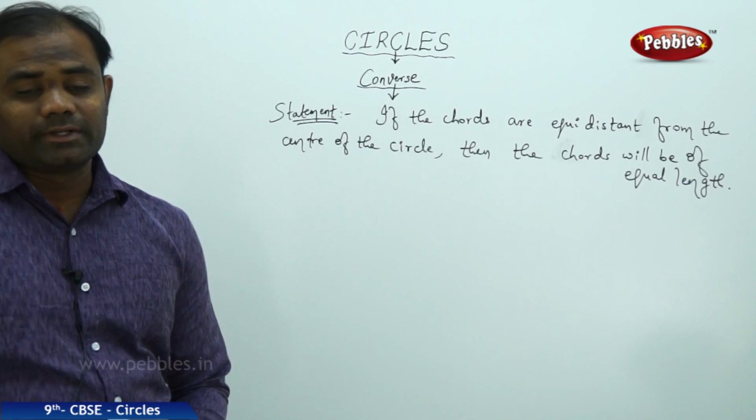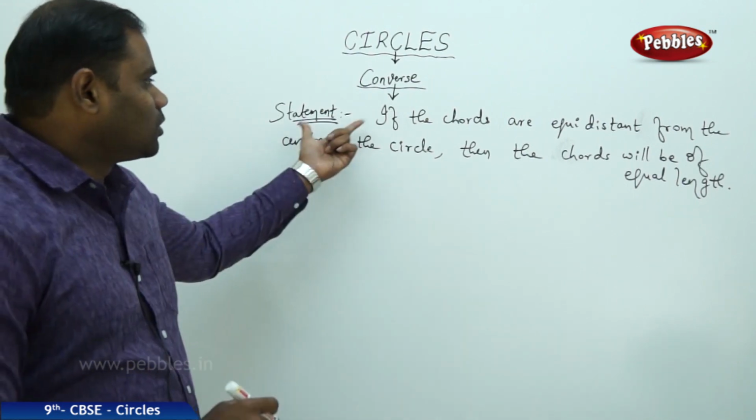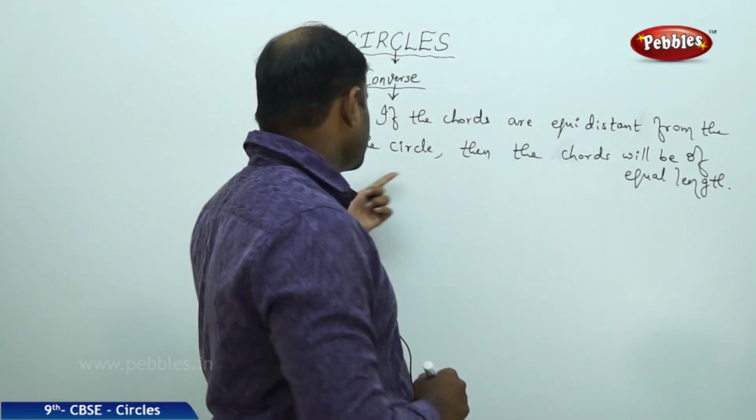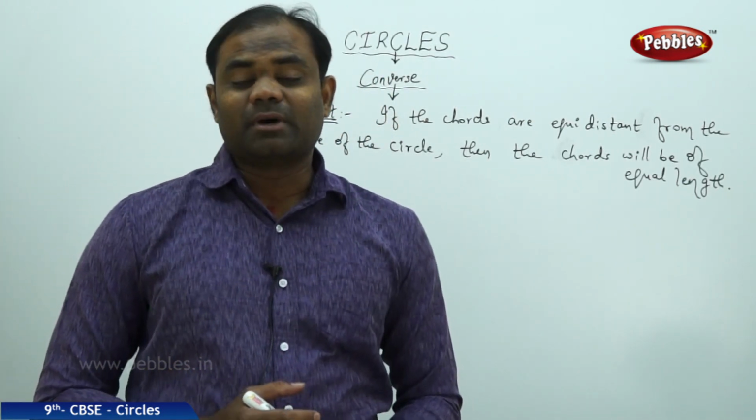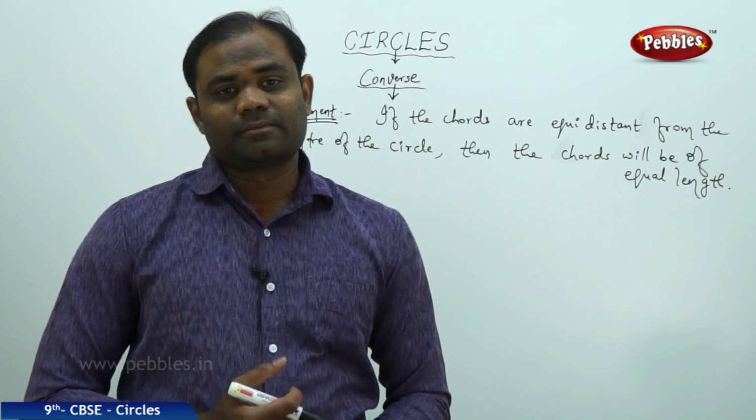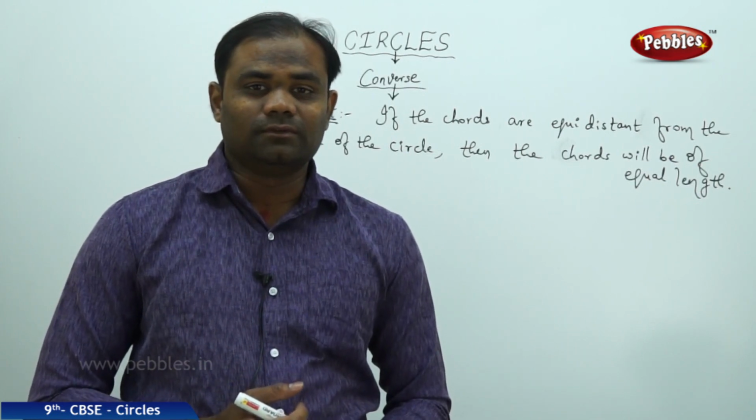This is how we understand the property. If the chords are equidistant from the center of the circle, then the chords must be of equal length. This is how we understand the converse.